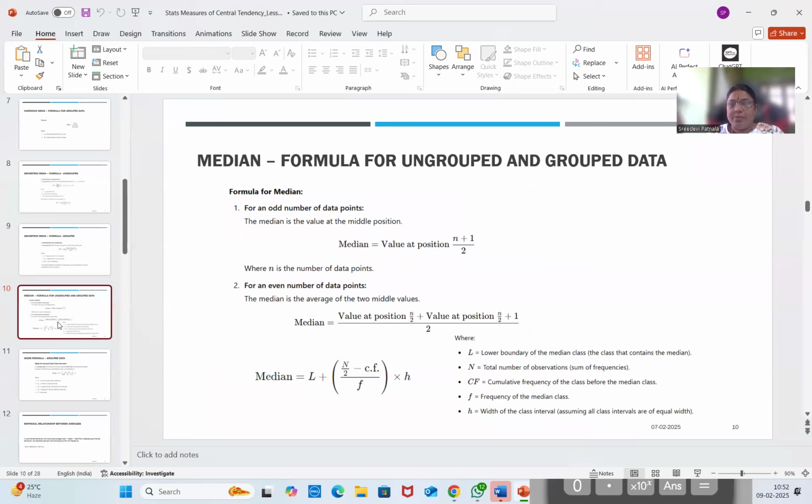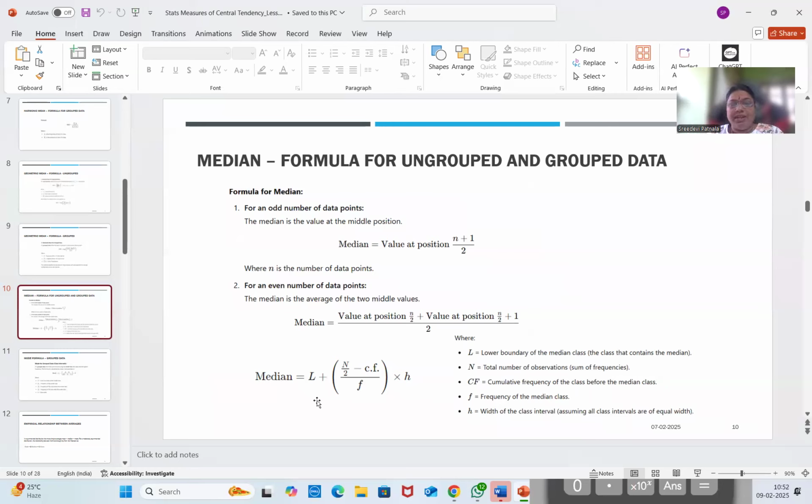And similarly for even data, you have to take two values. If you have 6 numbers, the middle values will be two values. So take those two and do it. So this formula applies for ungrouped data.